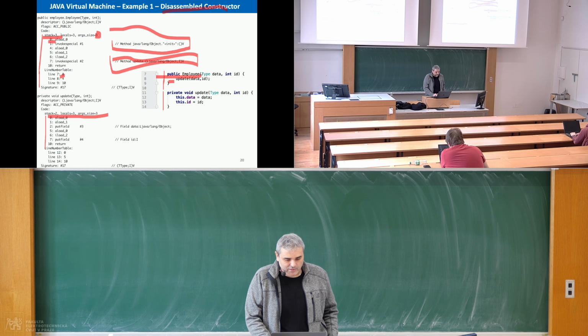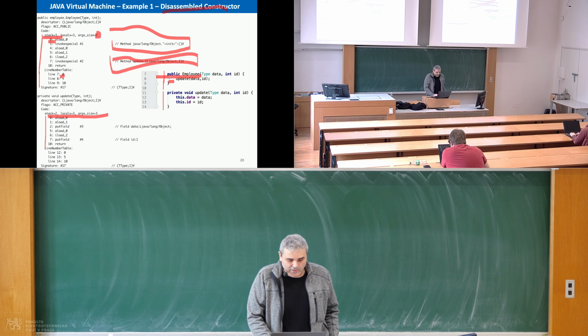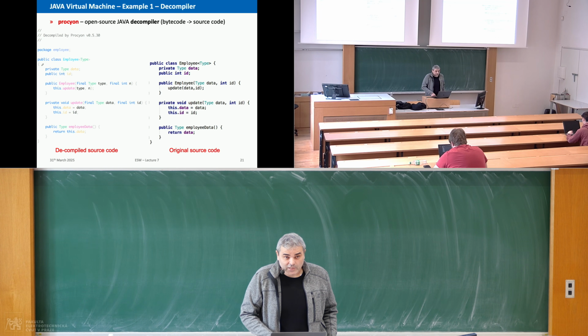Line 7 is the definition of the constructor. Why? Because there is that call of the super constructor automatically. Line 8 here, the call of update, you can see it's offset 4. So that code starts from offset 4 and so on. The closing bracket here, line 9, offset 10. Interesting stuff, which can be used by a decompiler.